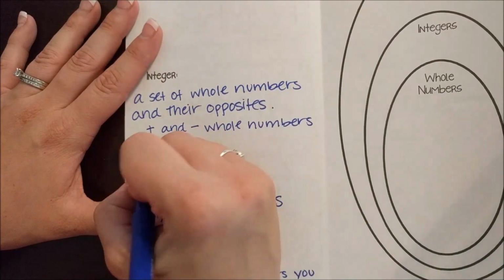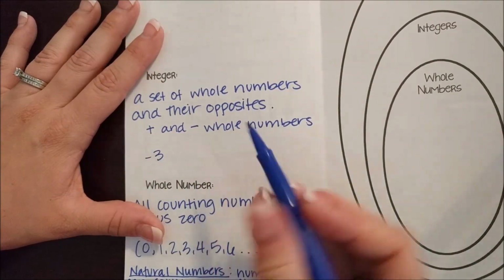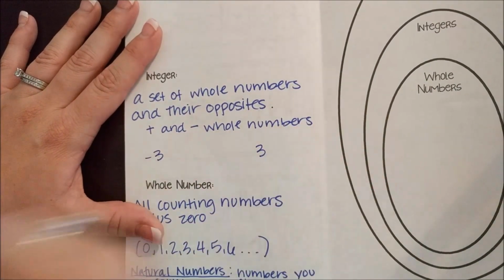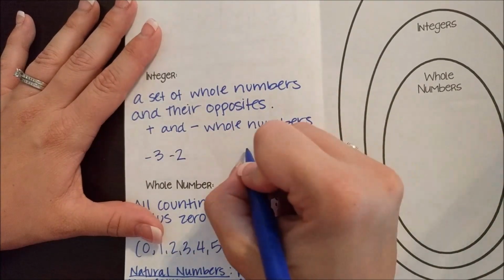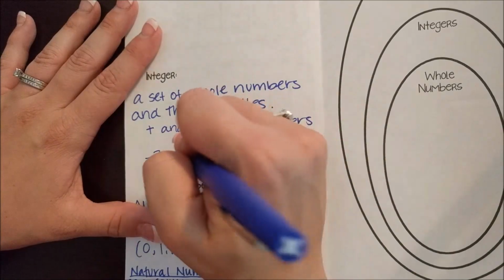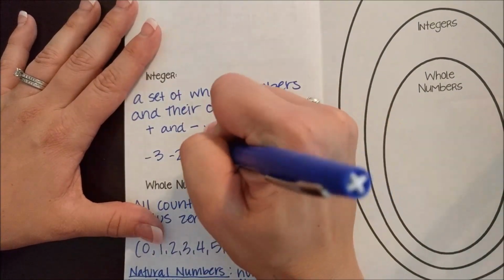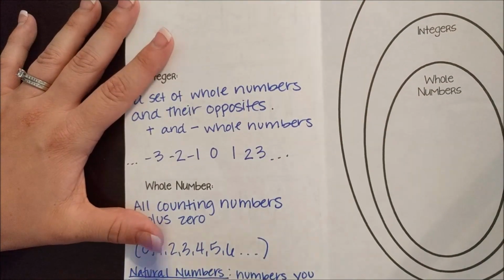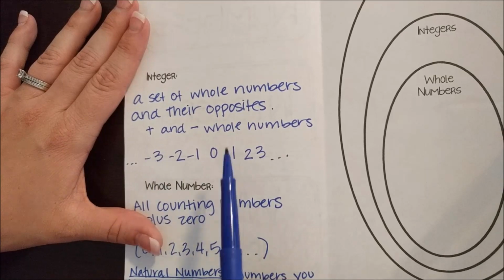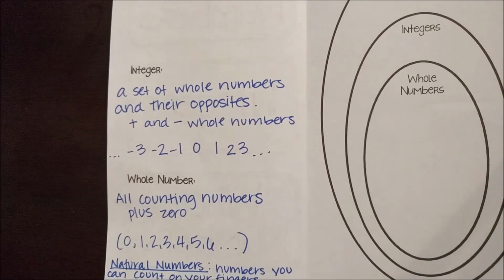So for instance, I've got -3. Well, what's the opposite of -3? 3. I've got -2. What's the opposite of -2? 2. -1 and 1, 0. We could keep going. It's just a whole number and its opposite. Those are integers, or positive and negative whole numbers.